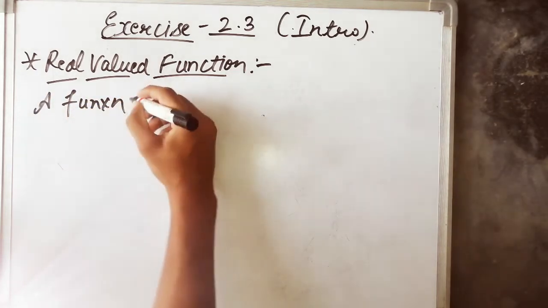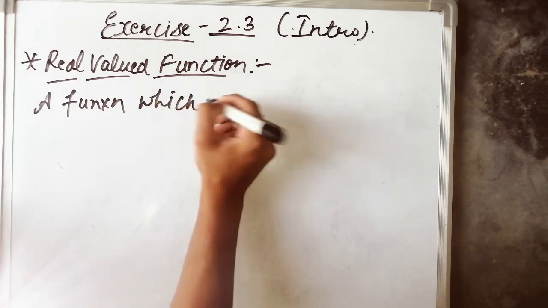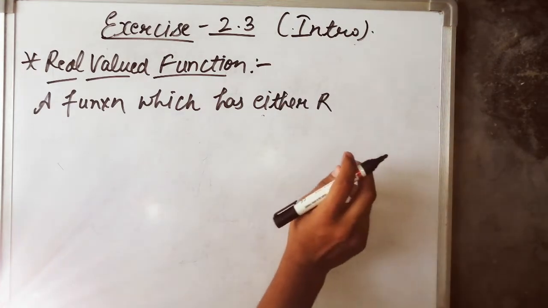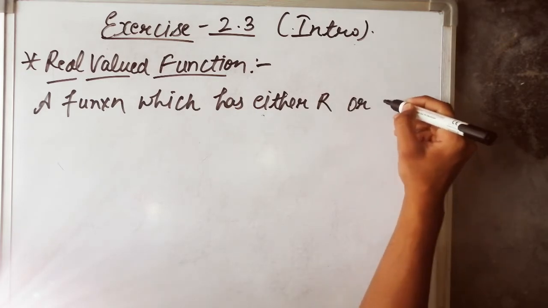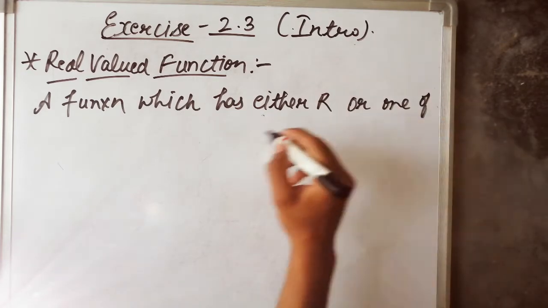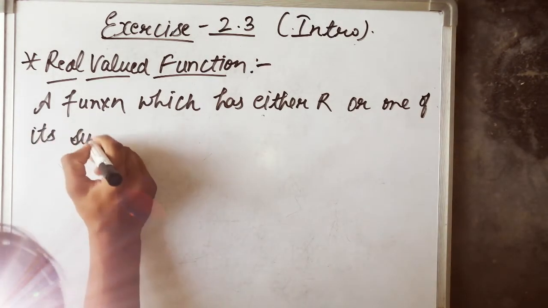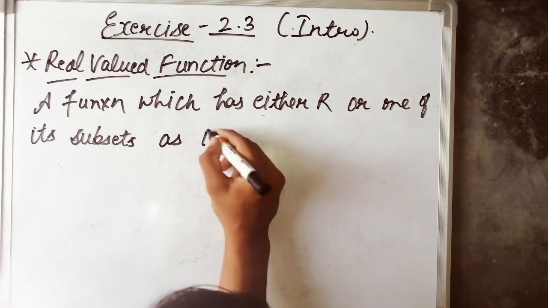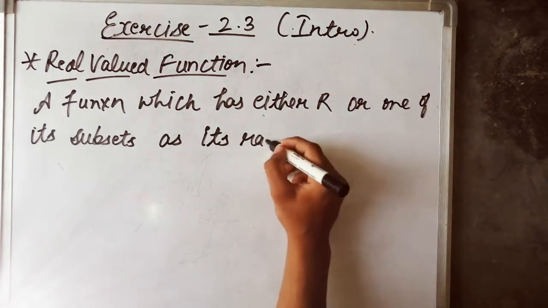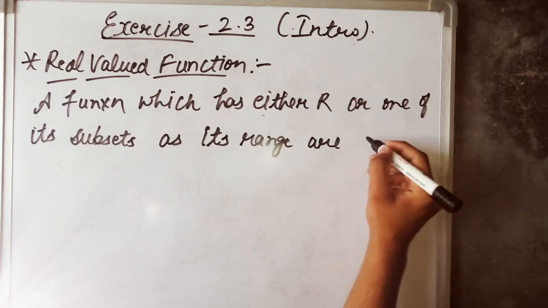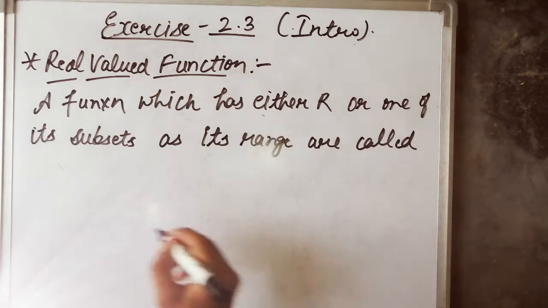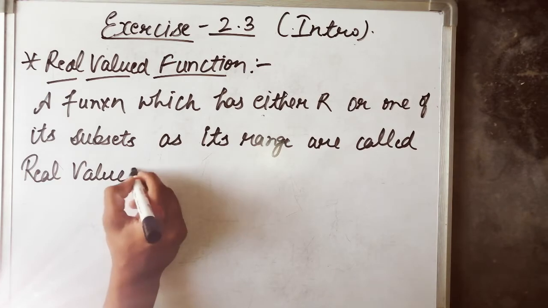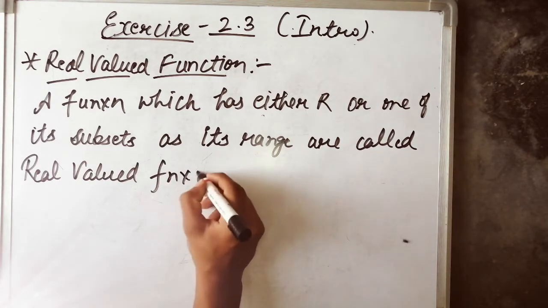The definition of a real valued function: a function which has either R or one of its subsets as its range is called a real valued function.